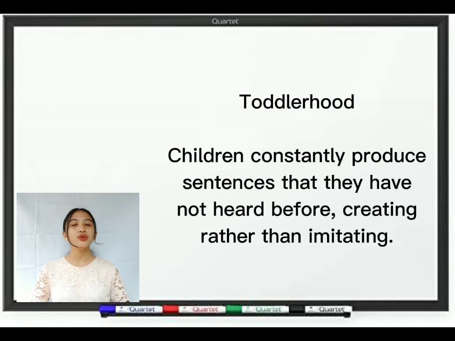Children constantly produce sentences that they have not heard before, creating rather than imitating. This creativity is based on general principles and rules of language that they have mastered. By the time a child is 3 years of age, most of a child's speech can be understood. However, like adults, children vary greatly in how much they choose to talk.